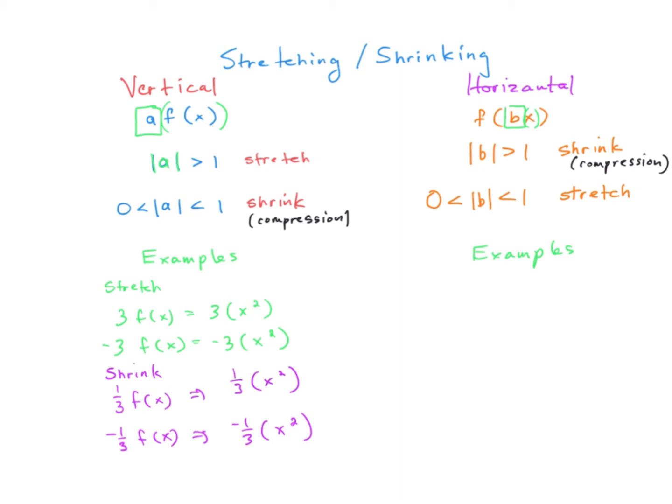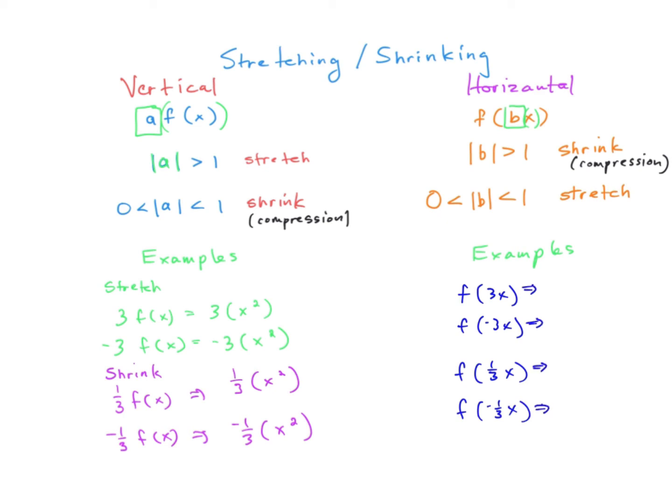Now when we move to horizontal, we could use all the same numbers, but the placement of that number is going to change. So it would be f of 3x, f of negative 3x, f of 1/3 x. Now we're applying a coefficient to the input of our function, not so much to the entire function.